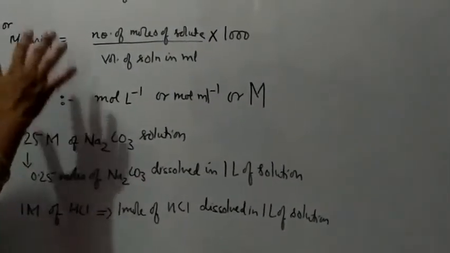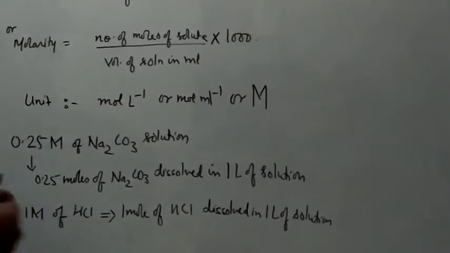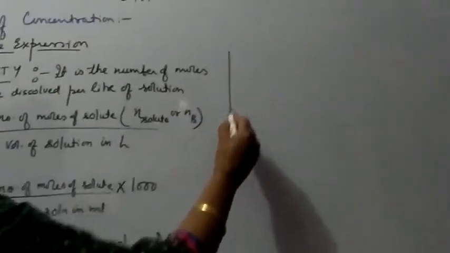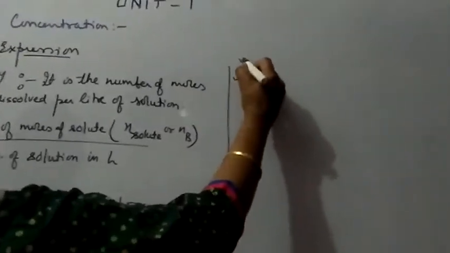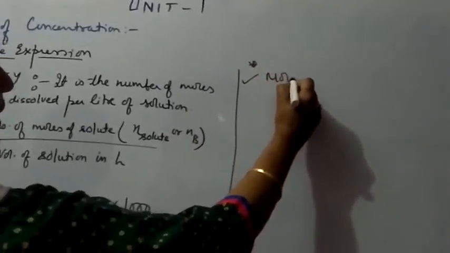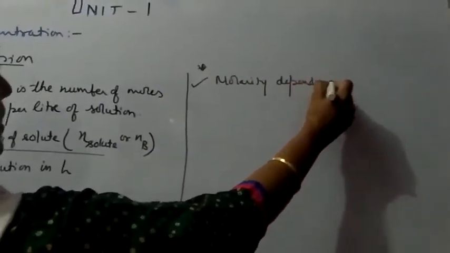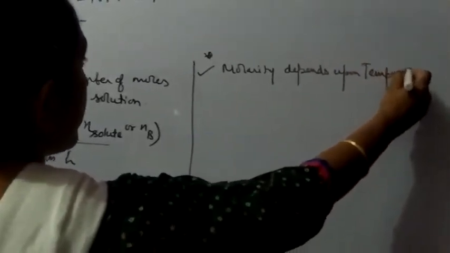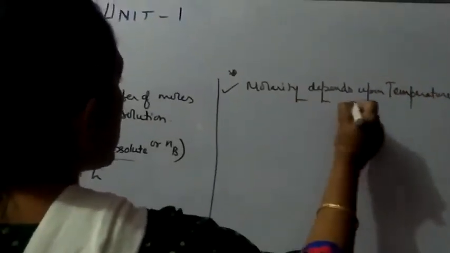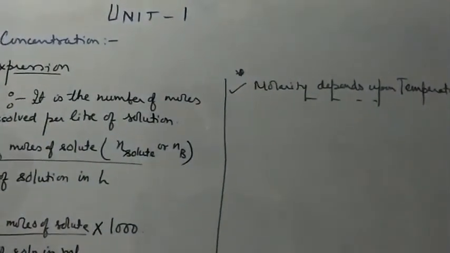Now students, the molarity depends upon the temperature, right? This is an important one. Molarity depends upon temperature. Can you find the relation, how it depends upon the temperature and why?